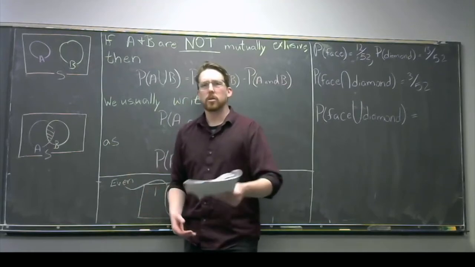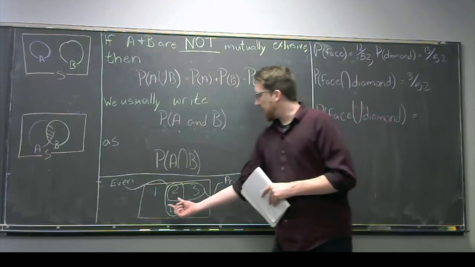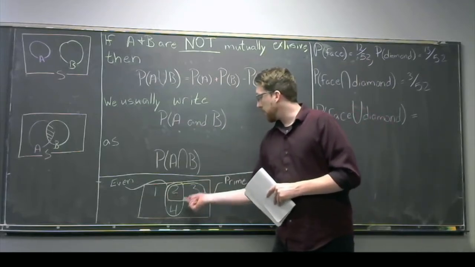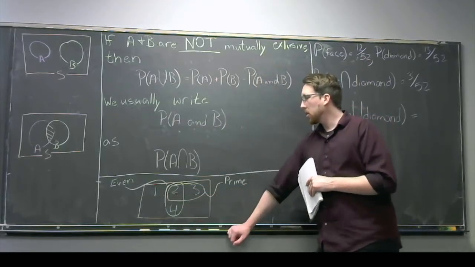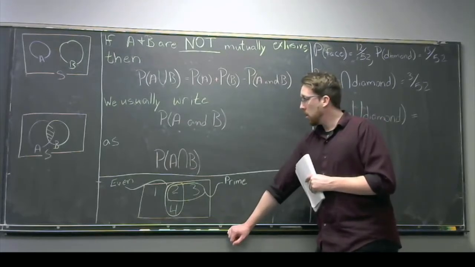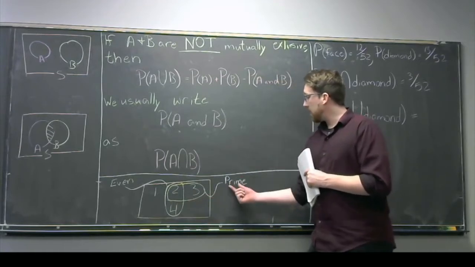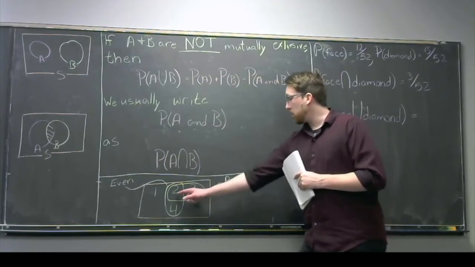So as an example of this, let's say we've got a set of numbers 1, 2, 3, and 4. The subset of that which is even would just be 2 and 4. And the subset which is prime would be 2 and 3.